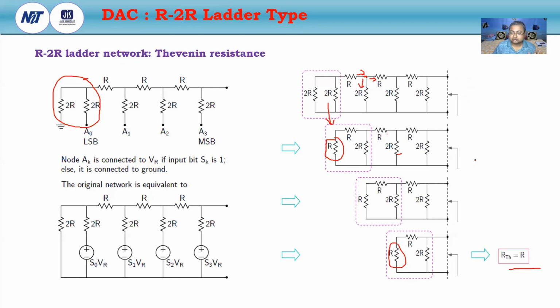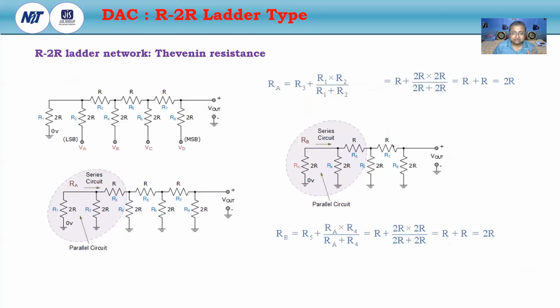Okay. So now let us come to the details of the Thevenin resistance, which I already told. Suppose these twice R are in parallel. If we calculate this as RA, then this is treated as R3.